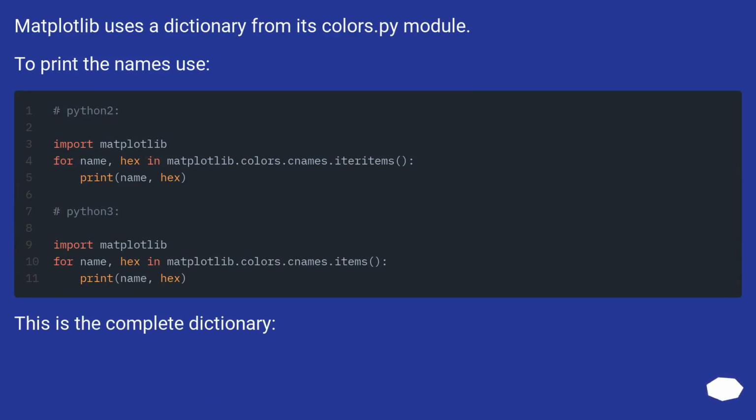Matplotlib uses a dictionary from its colors.py module to print the names used.